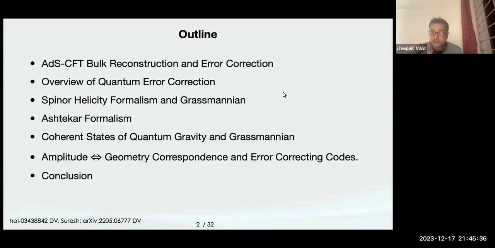So what I do in my wormhole construction, basically, is that I have two copies of a Hilbert space. Each Hilbert space represents a three-dimensional geometry.